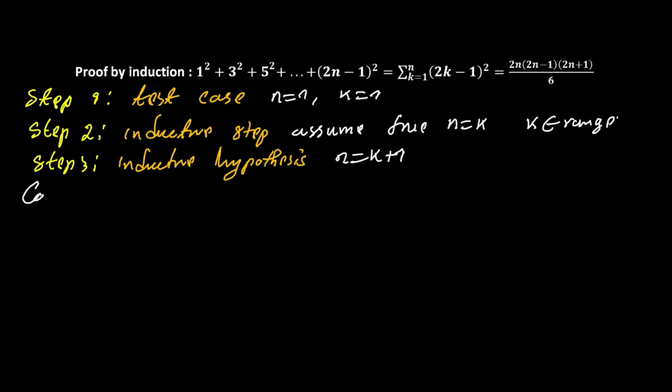Our conclusion will simply be that if step 1, step 2 and step 3 are all true, therefore it's true for any n or for any k. So let's look at it properly.